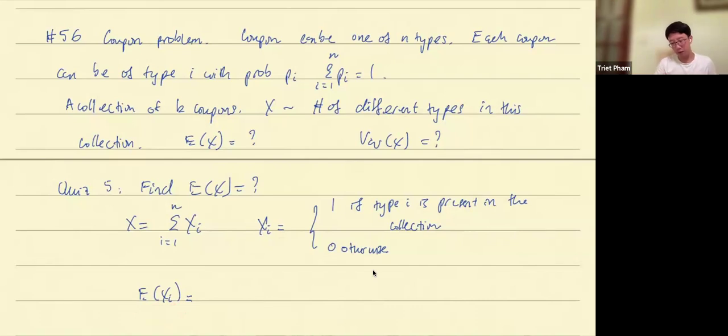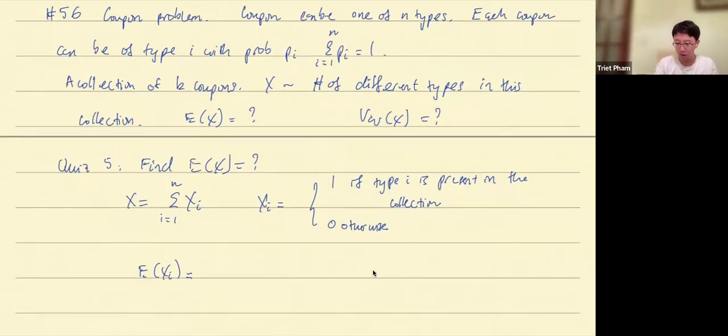So the expectation of each of the Xi is the probability that type i is present in the collection. What does that mean? That means that at least one of the coupons must be of type i.